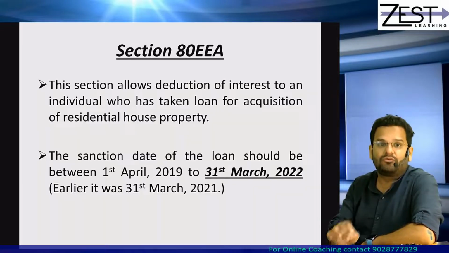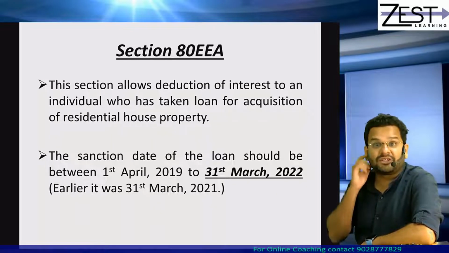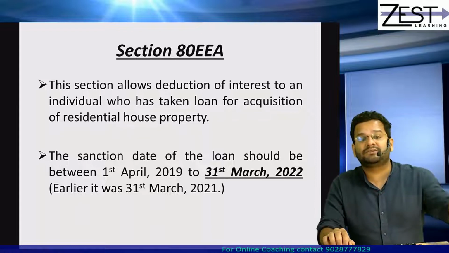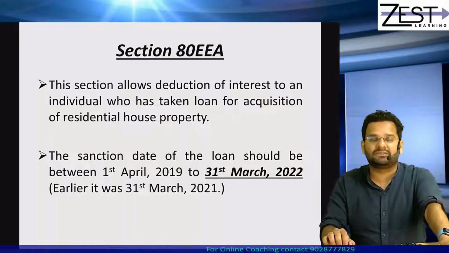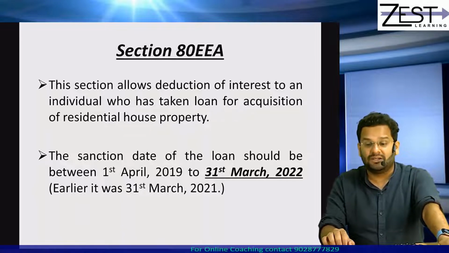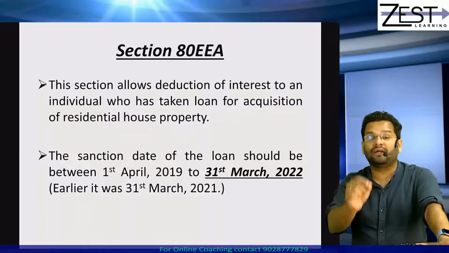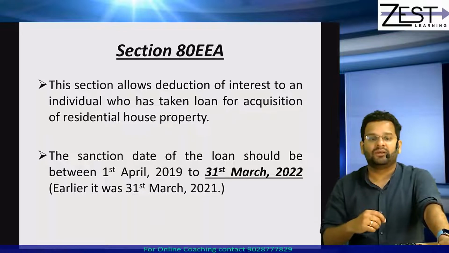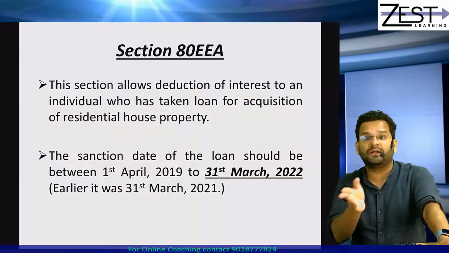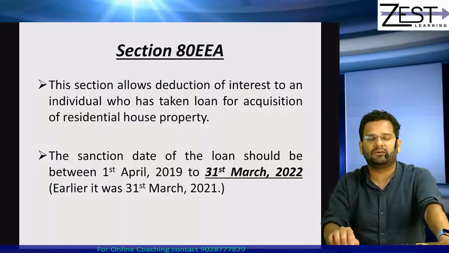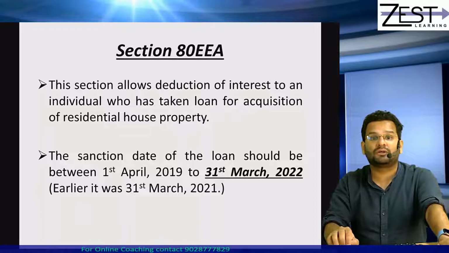Okay, first one, section 80EEA. 80 series means it is of deductions of Chapter VI-A, correct? So 80EEA was that deduction for interest on housing loan, so that is given over and above 24B. 24B you take in house property, interest on borrowed capital.